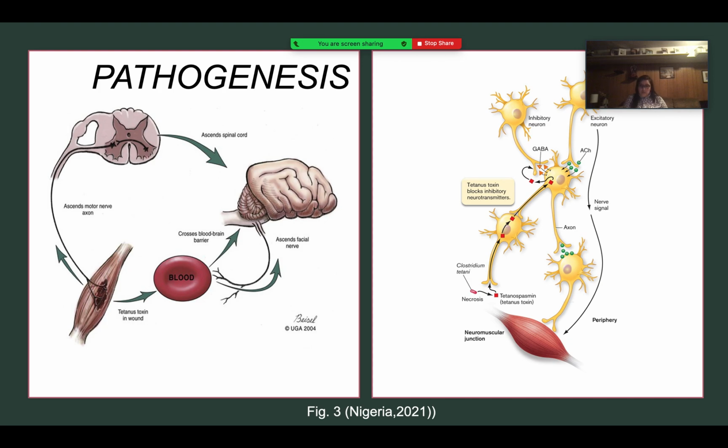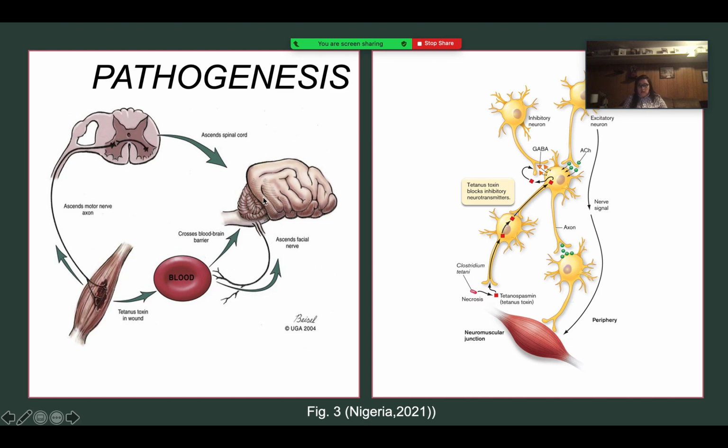The tetanus toxin is going to spread through the blood and the lymphatic system. After that, the toxin binds with the motor neurons and travels along the spinal cord.